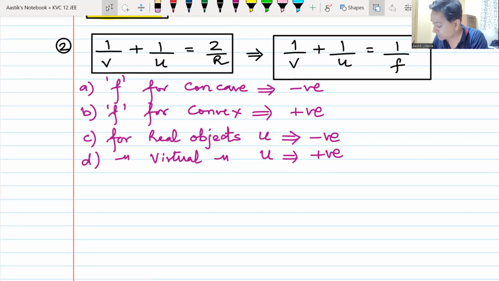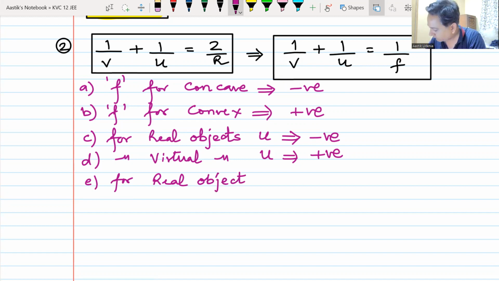Let us move one step ahead. E. Let us not write real objects. For erect objects, normally, an erect object will be like this.